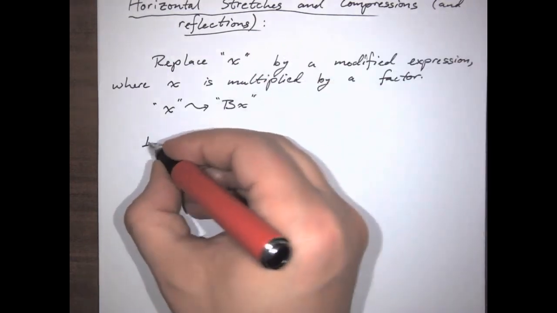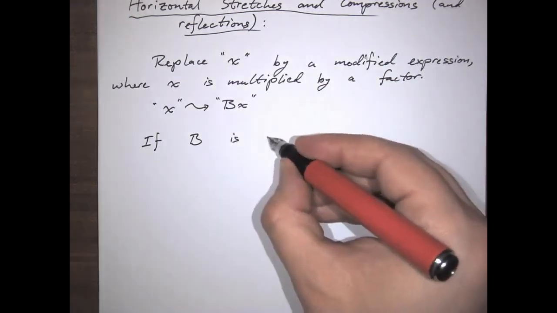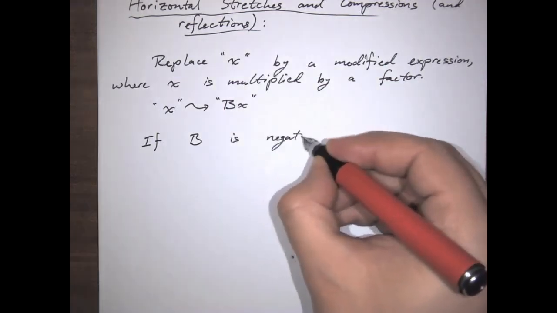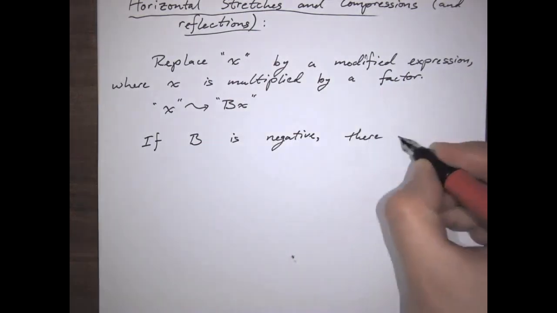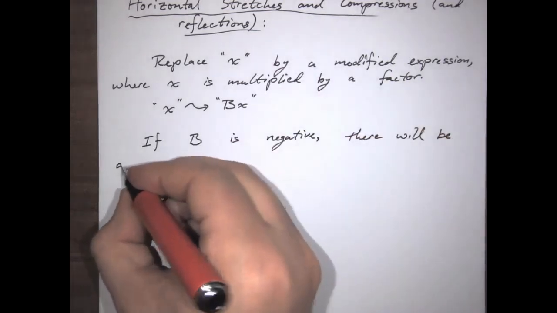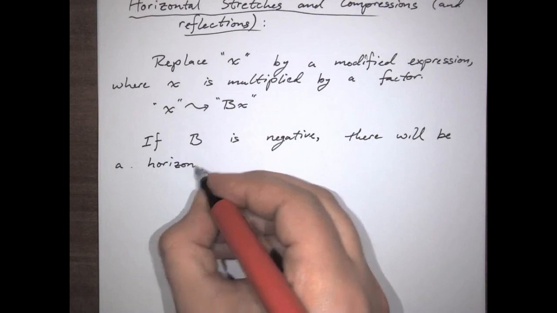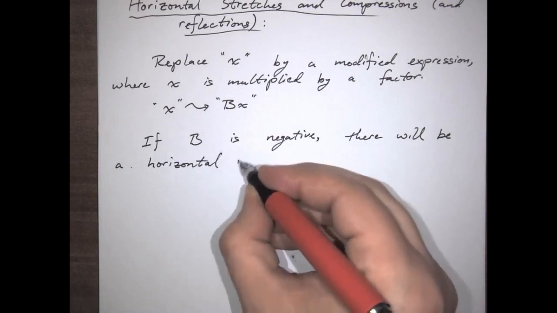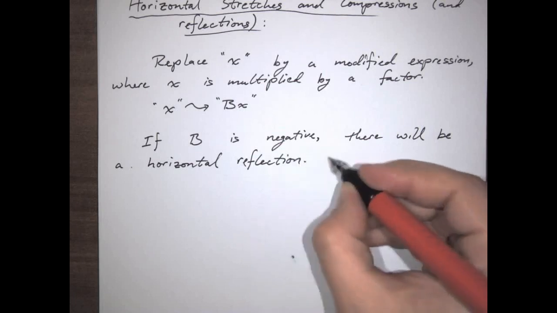Now, if b is negative, there will be a horizontal reflection.